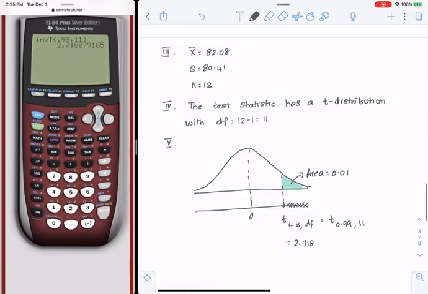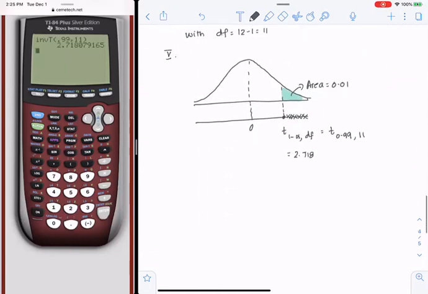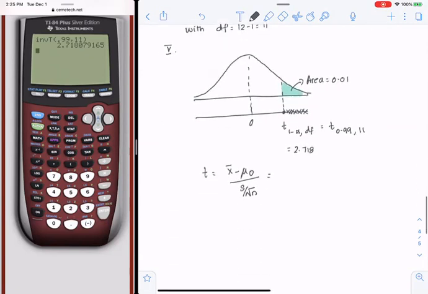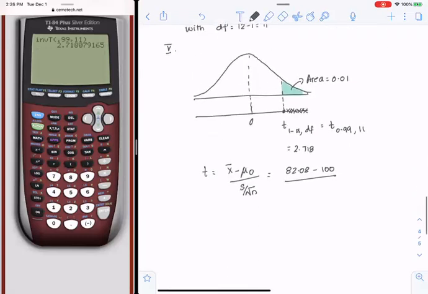The test statistic in our case, we already know its value using t-test, but manually we can find it as x bar minus mu naught divided by s over square root of n. X bar is 82.08. Mu naught is 100, divided by s, 80.41 over square root of 12.